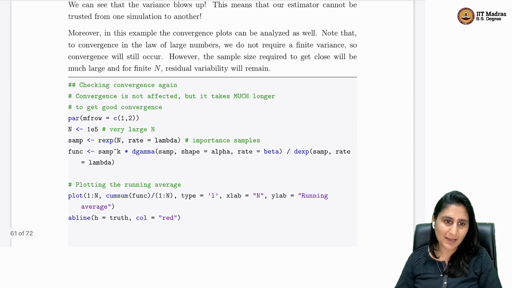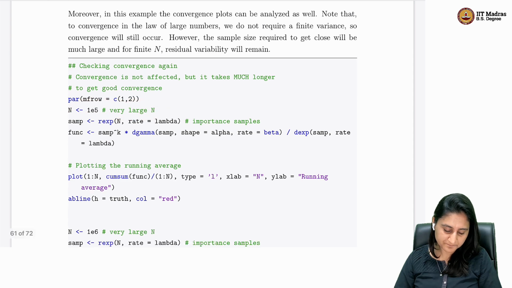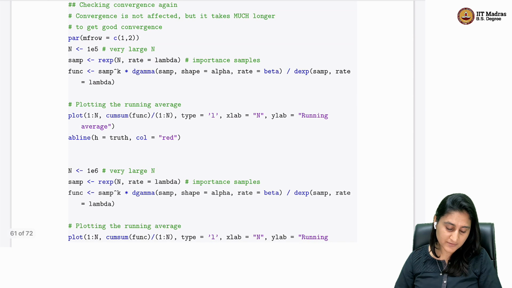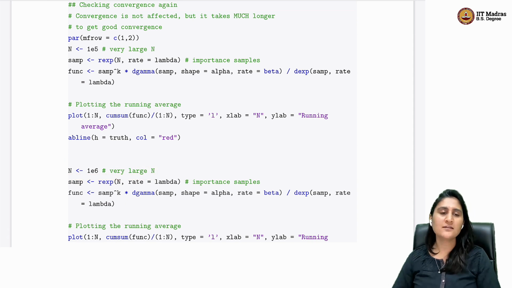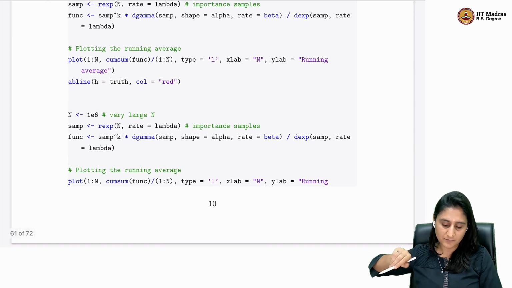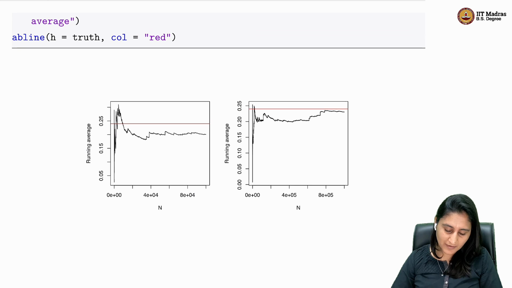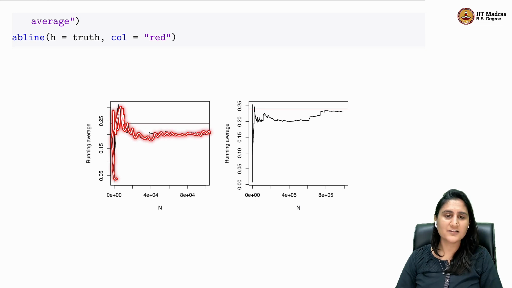Now, for the same lambda equals 10, I consider n equal to 10 to the power 5, and then also n equal to 10 to the power 6, and repeat the simulation to get a running plot of my convergence of the estimator. And I get something like this. In 10 to the power 5 observations, yes, it is very erratic, but it's slowing down.